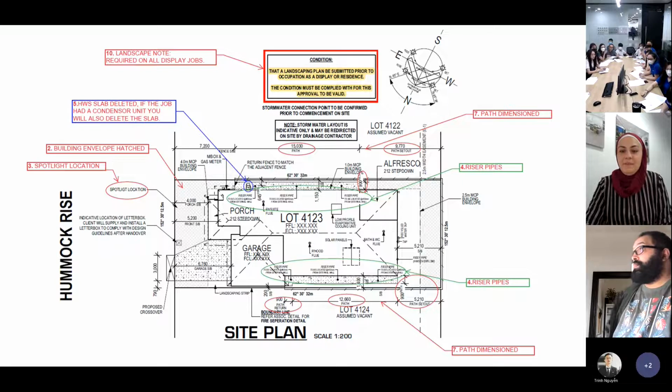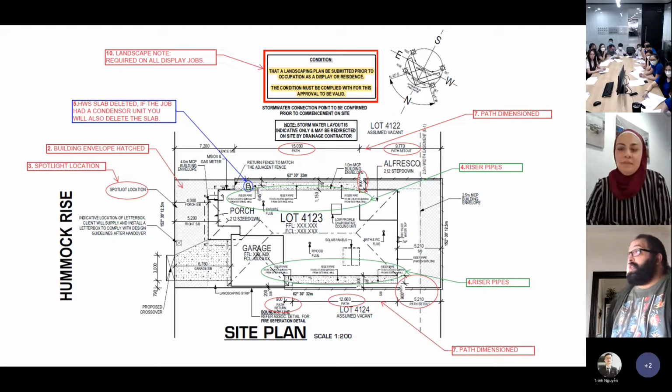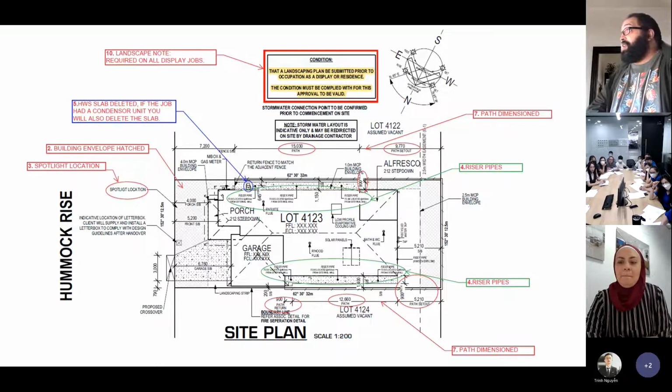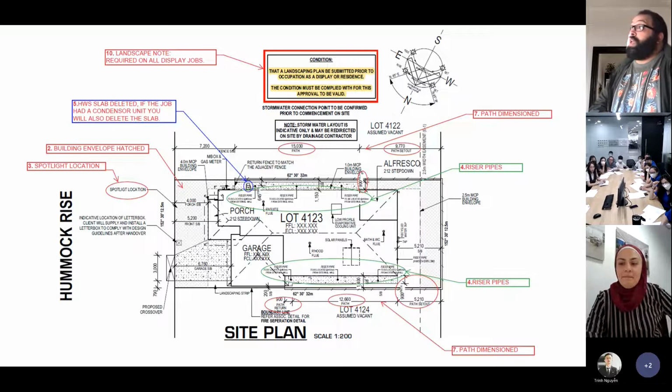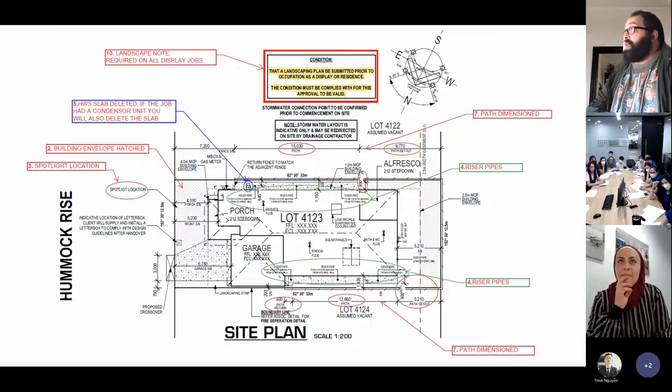Amani, yep, I've got a question. You mean we no longer draw the landscape plan from now? Yeah. We replace it with the note on the site plan. So if we put that note on the site plan, we don't need a landscape plan. But this is only for the display home jobs, any jobs that are display homes.